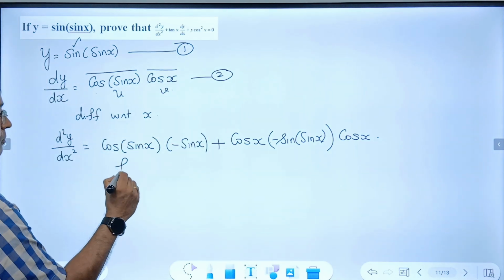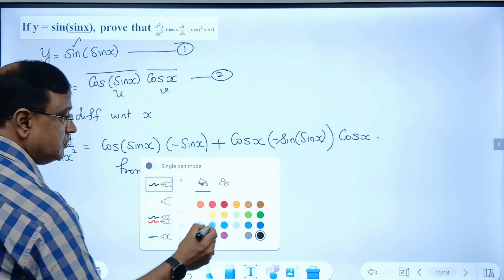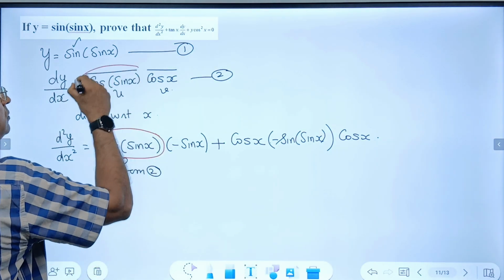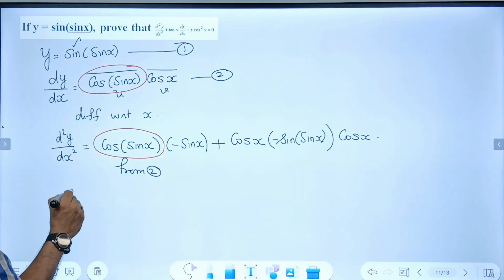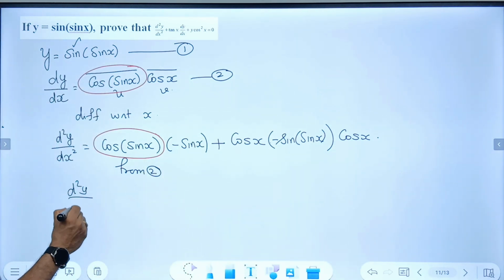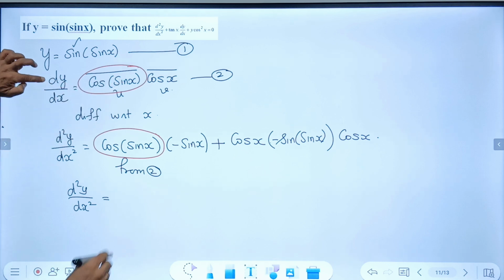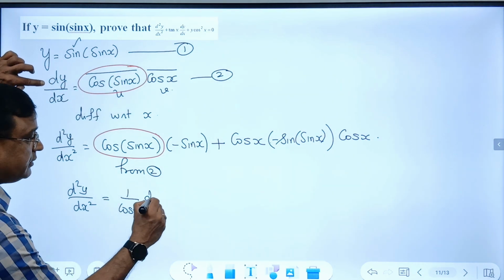Now from 2, watch this. From 2, look at this. See what I have circled. d square y by dx square equal to cos of sin x will be 1 by cos x into dy by dx. Can you see that?